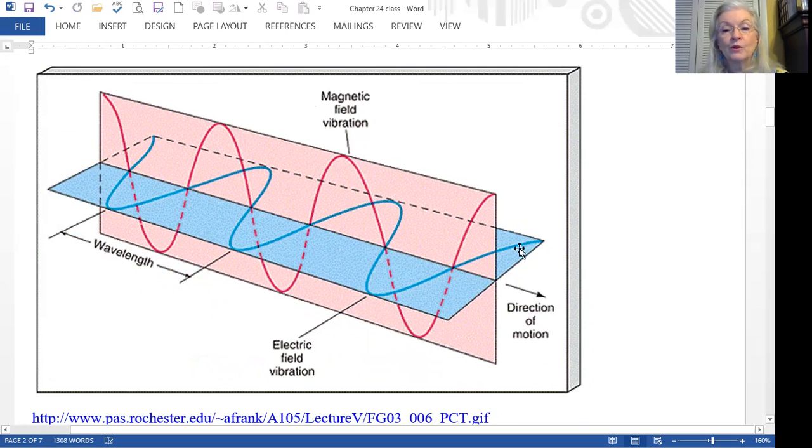So the blue wave is the electric field variation, and the pink one is the magnetic field variation. And you can see that the blue plane and the pink one are at 90 degrees to each other. You can see that a crest lines up with a crest, and a zero lines up with a zero. So they're in phase. They're at 90 degrees. We can see that by the directions of the planes. And the direction of propagation would be along this axis.